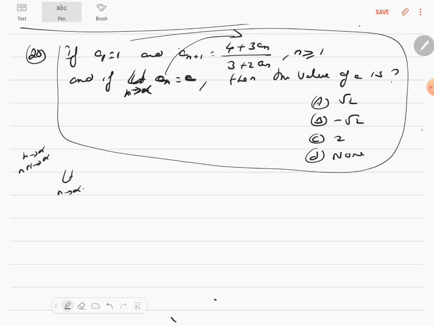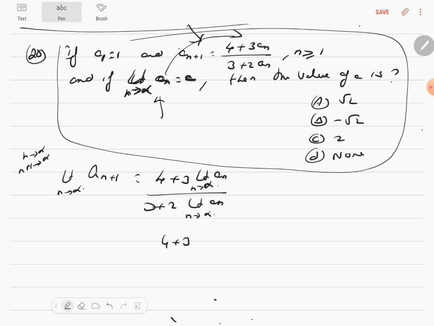We are going to do a limit for a of n plus 1. Limit of this will be 4 plus 3 into limit of an, where n is tending to infinity, by 3 plus 2 into limit of an, where again n is tending to infinity. And you know limit n tends to infinity, an itself is a, so you get (4 plus 3a) by (3 plus 2a).